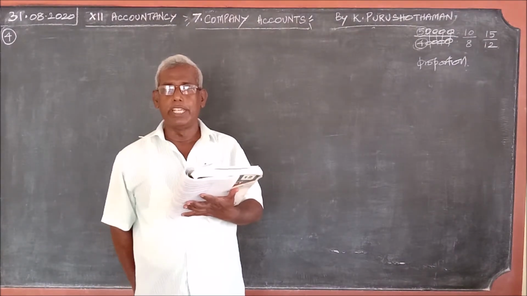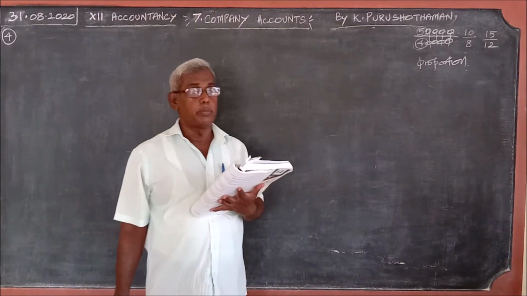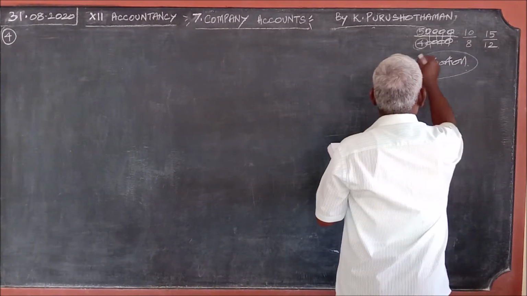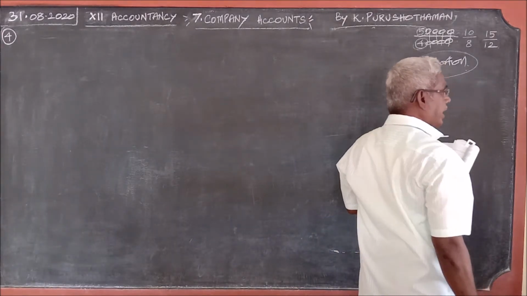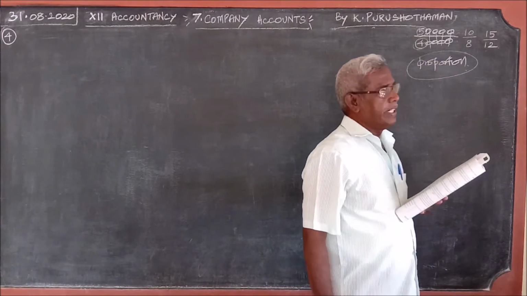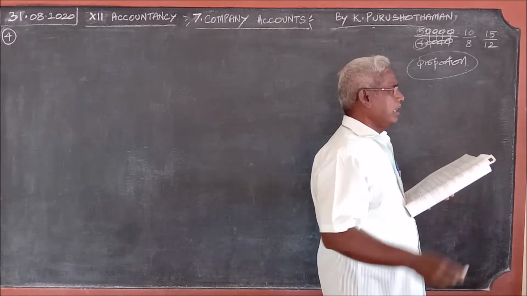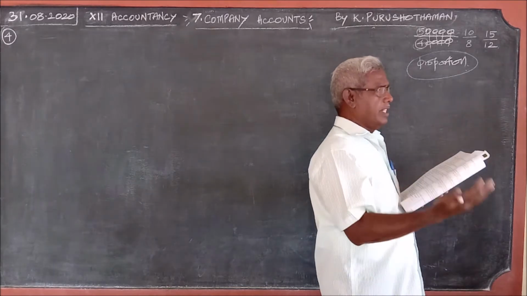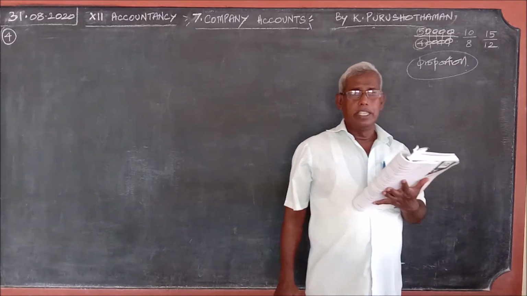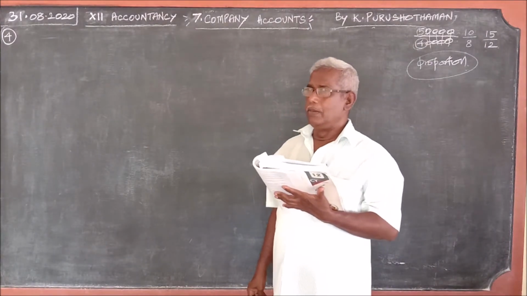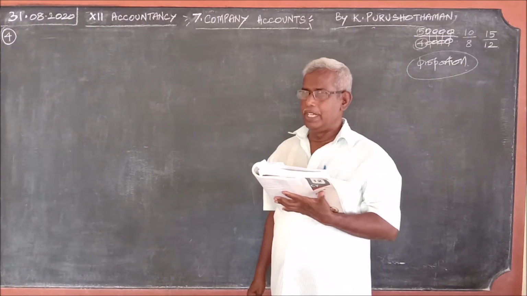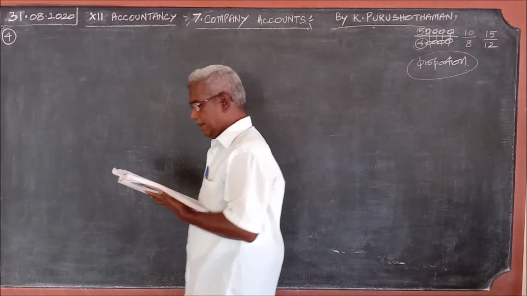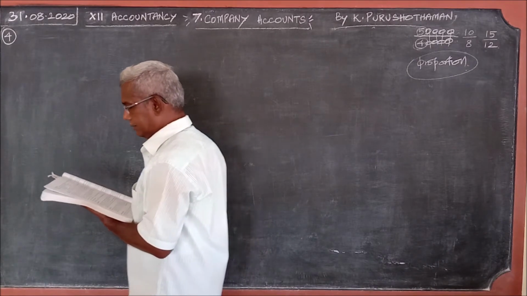So, this is how it is allotted. In the first case, the amount will be refunded. In this pro rata basis allotment, the excess application money will be adjusted with allotment. Okay, now we are going to see that.